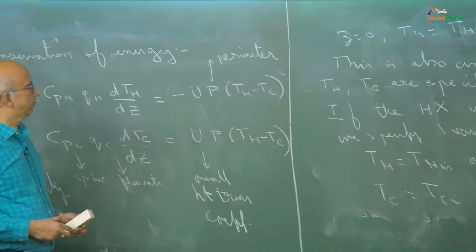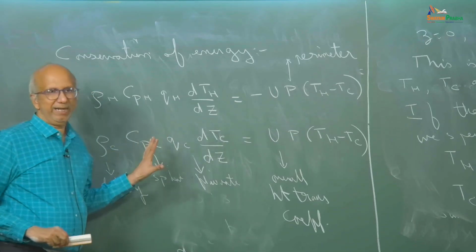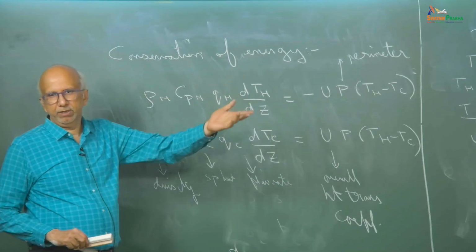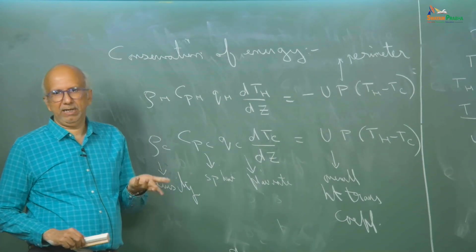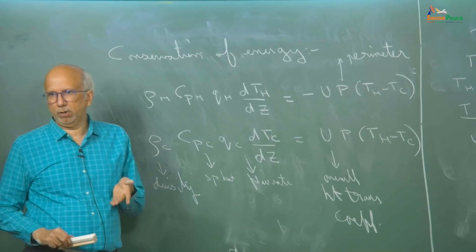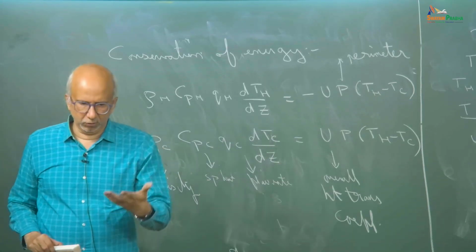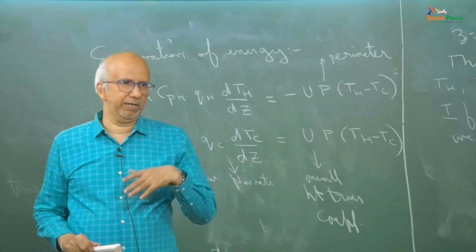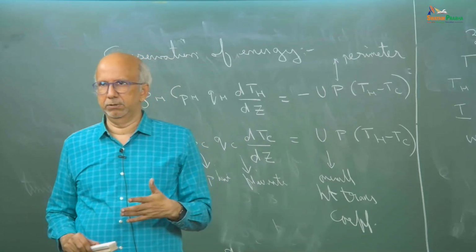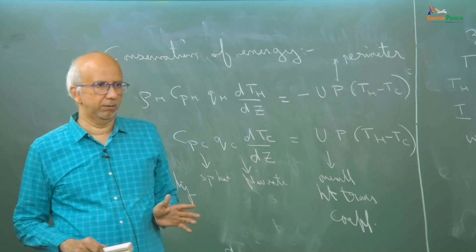So, again what I want to do is rewrite this in the form of a matrix operator like we did earlier for the other two problems. What we are doing is writing all the governing equations and then writing them in the form of some matrix. So, I want to do the same thing here.